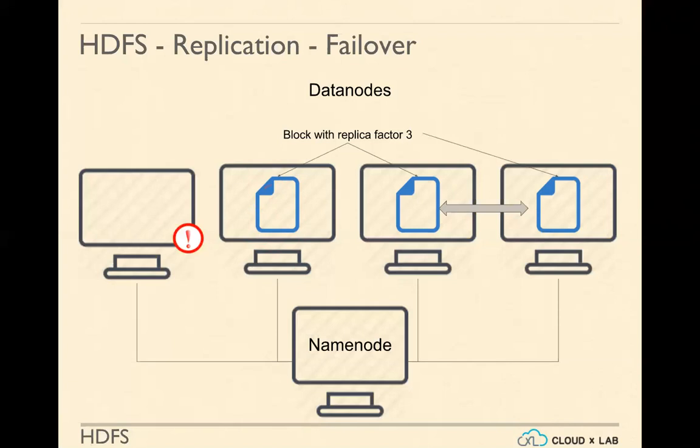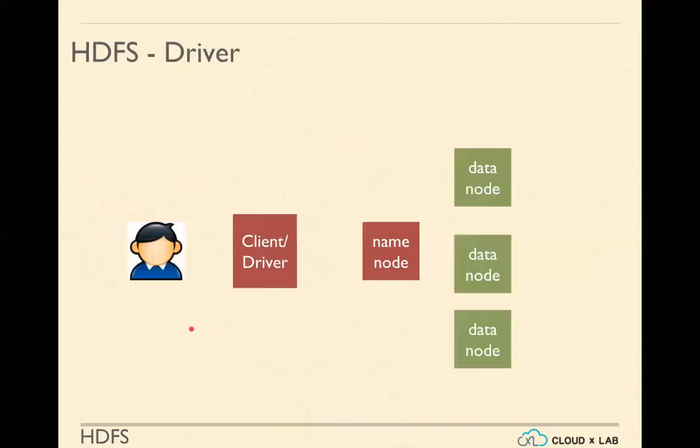It will give you the copy of the data from the local node if it is there. Otherwise, it'll give you the copy from the same rack. Otherwise, it'll give you the copy from across the rack. So yes, during the read, it does take your location into consideration. It is rack aware.